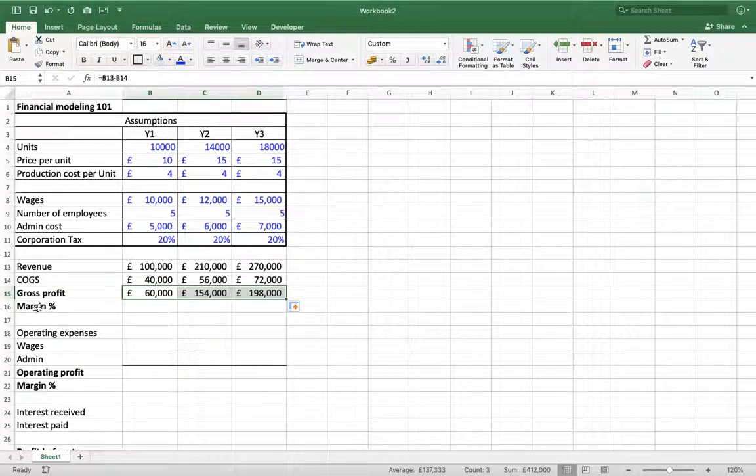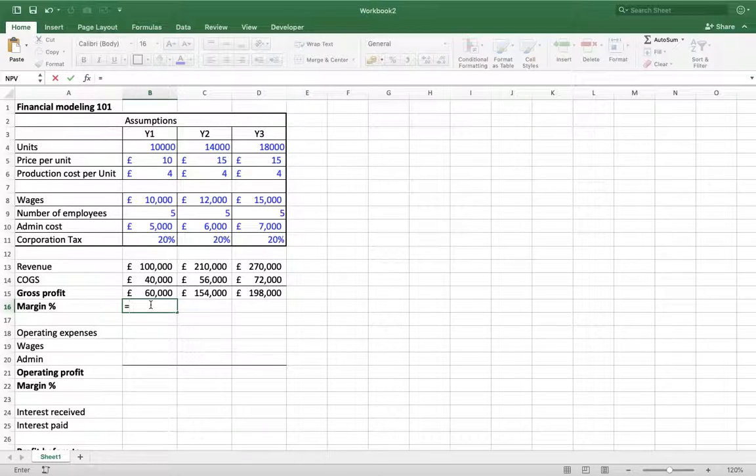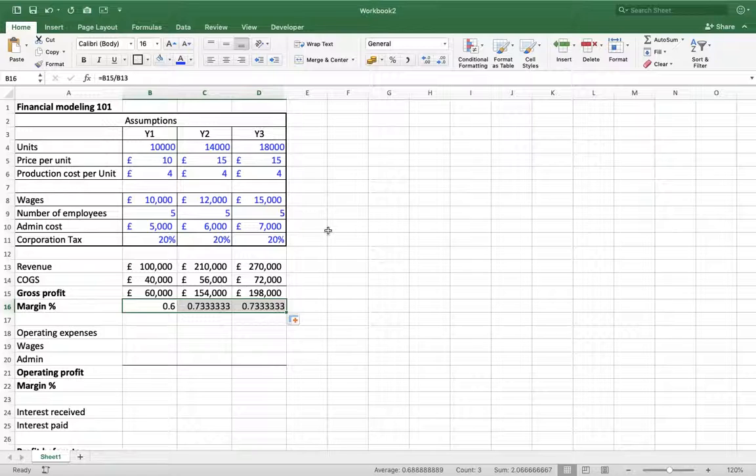And I've added the margin so we can see the margin of the gross profit to the revenue and the margin of the operating profit to the revenue. So we've got this by the revenue, and we can drag it in, making it a percentage so we can see how much the change is over the years on the revenue.